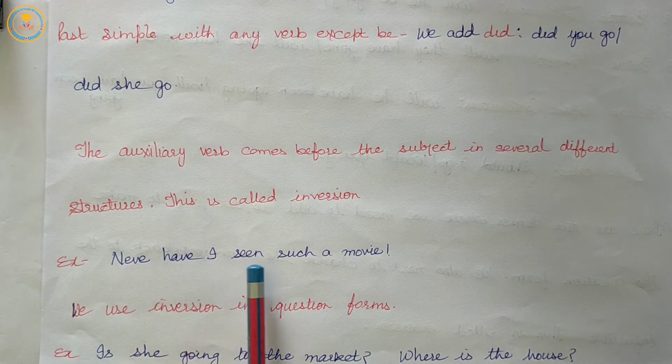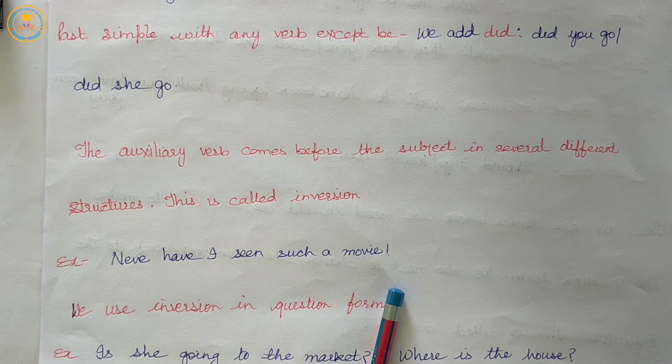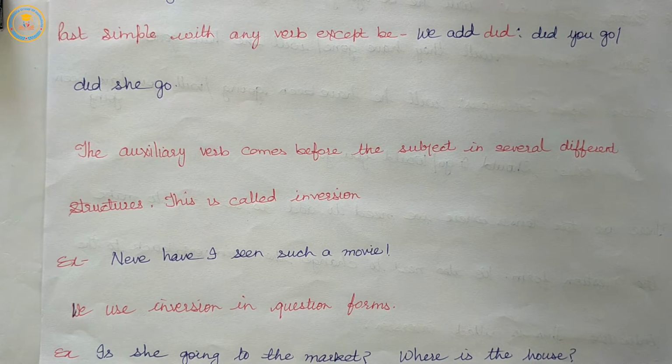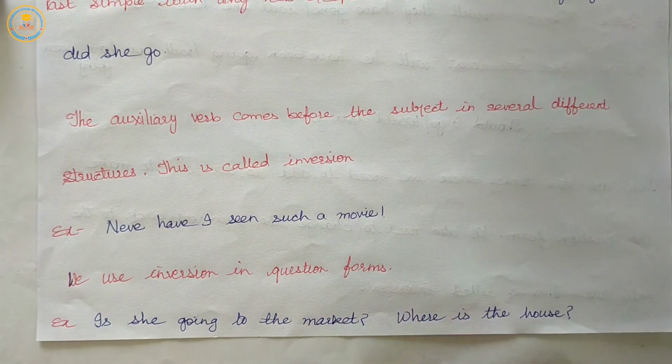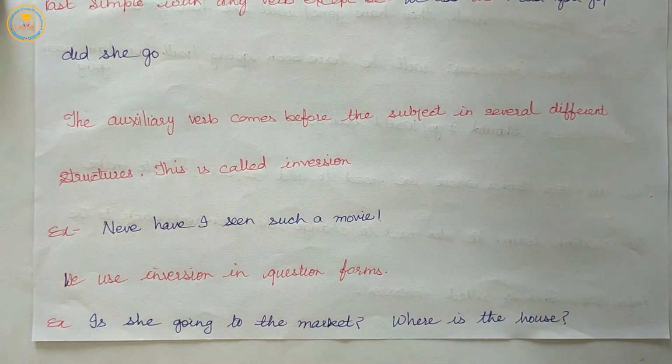Example: never have I seen such a movie. And we use inversion in question form also. Is she going to the market? Or where is the house? So inversion means the auxiliary verb comes before the subject in several different structures, and when we use it in question form.